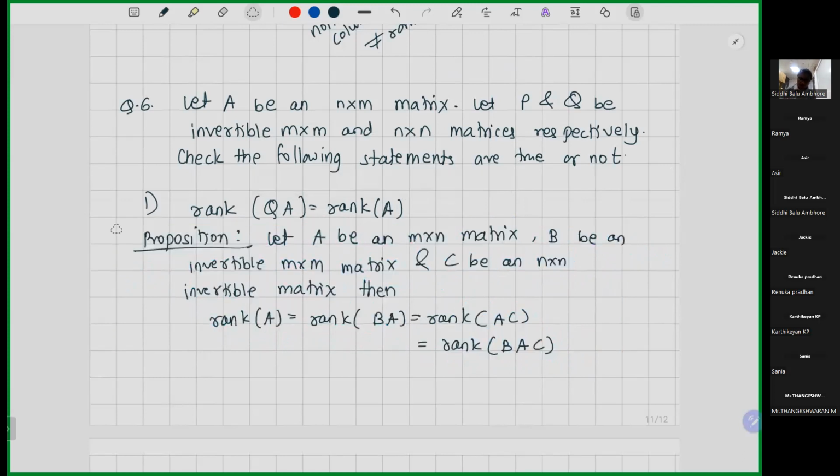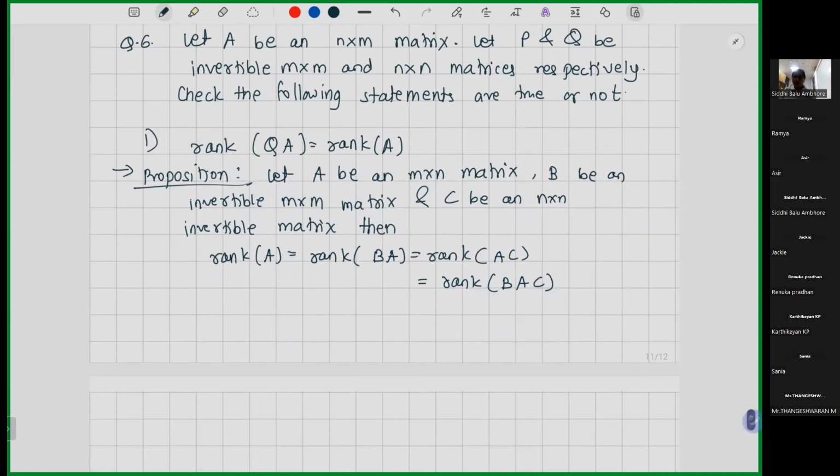So we can just use this proposition. And Q is now this B here, which was playing the role of an invertible matrix. Yes, as Sania said, this will be true. So this statement is true just by this proposition.